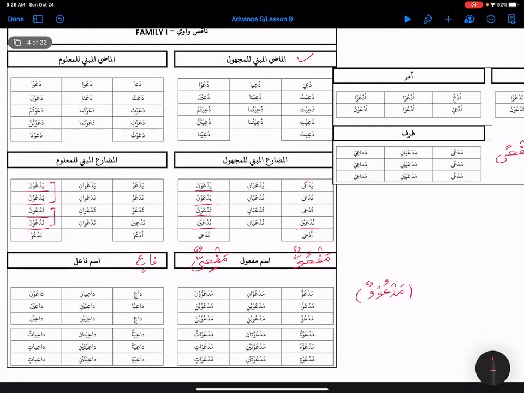Like the oo and e sound, or oo and ya, they are totally off, right? But fatha and waw is not that bad. So they have kind of a good relation. Dhamma and waw, they are buddies.